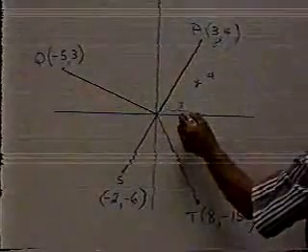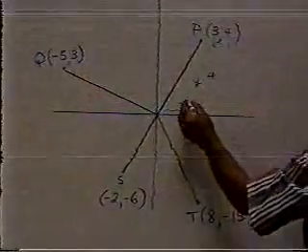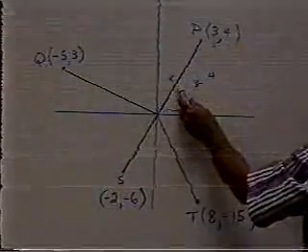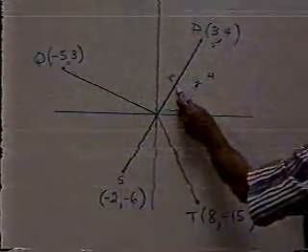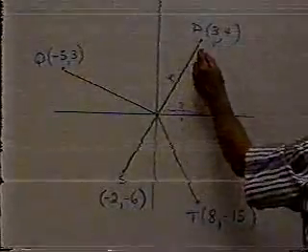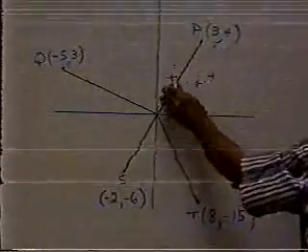Well, we're going to introduce another letter which we will call r, and r is the radius vector. The radius vector is the straight line distance from the origin out to any point that you have on a graph.